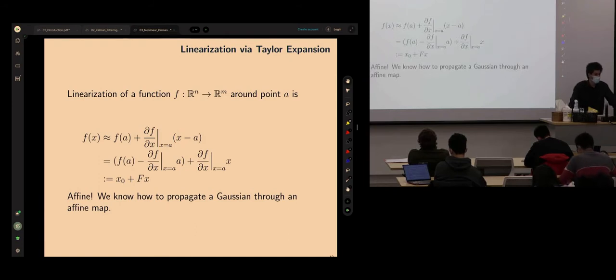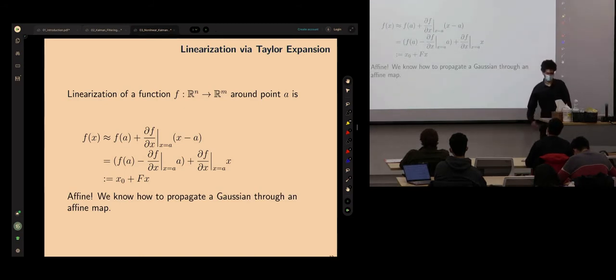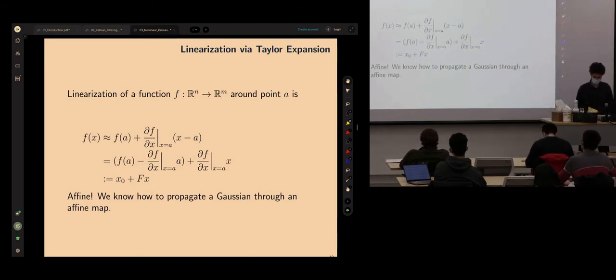So the linearization method. We're going to talk about the extended Kalman filter first. Extended because it's the extension of the linear Kalman filter to nonlinear models. Suppose we have a function that maps from Rn to Rm. Not necessarily the same number of inputs and outputs, but of course, if it's your transition model that maps xk minus 1 to xk, the input-output dimensions are the same.